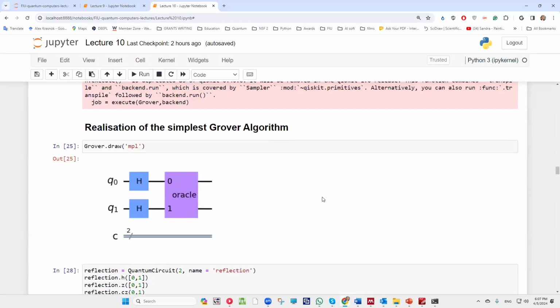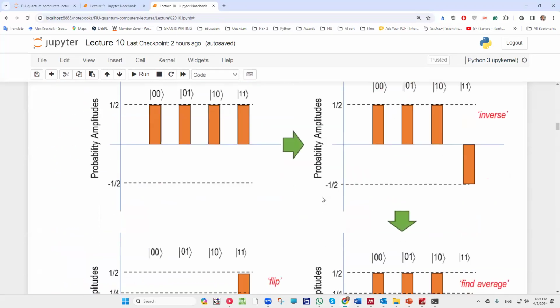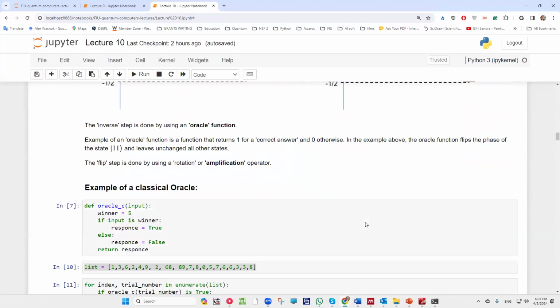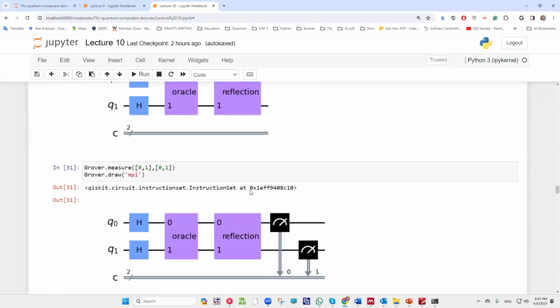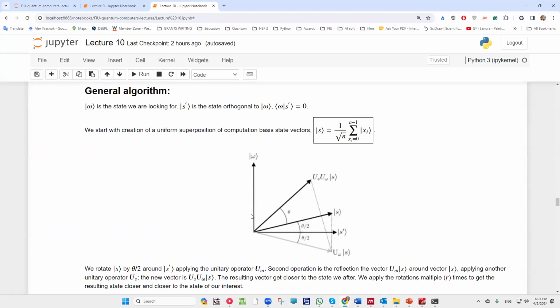What we are going to discuss now is essentially this picture, but put in a more rigorous way, and we represent the states by vectors in the Hilbert space.